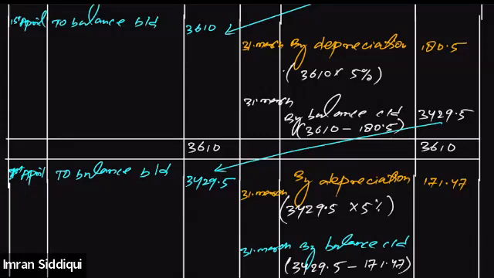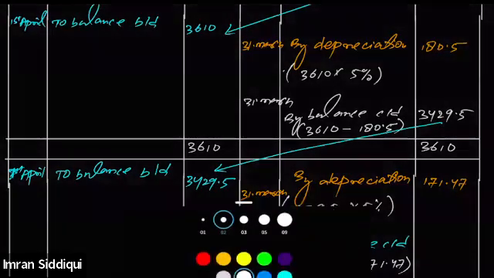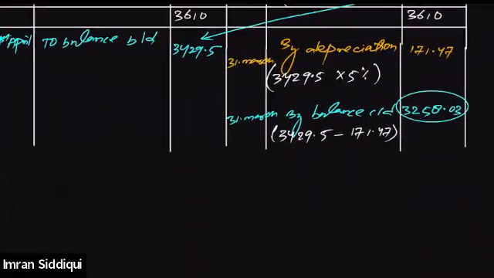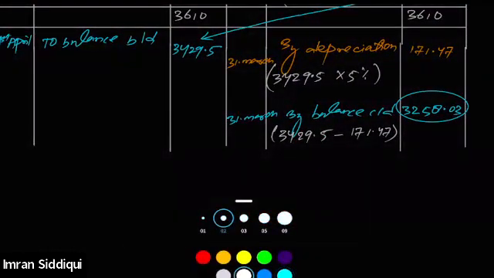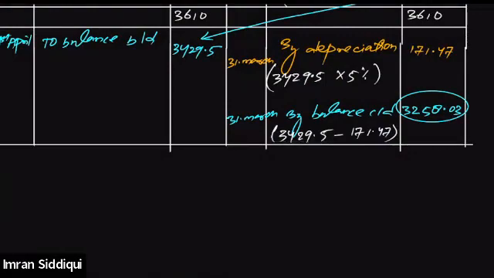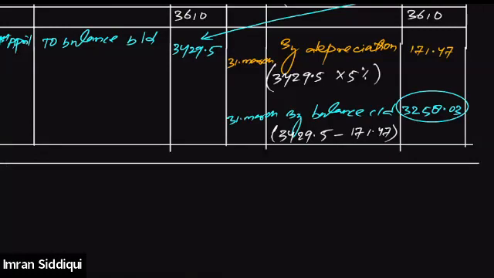This will be 3258.03. This is the closing balance or the written down value of the furniture at the end of the fourth year. 3258.03.